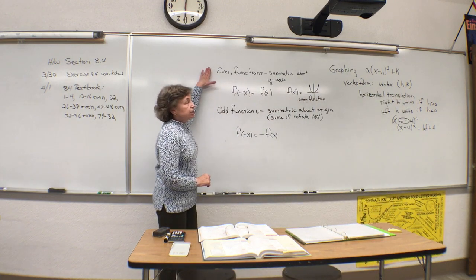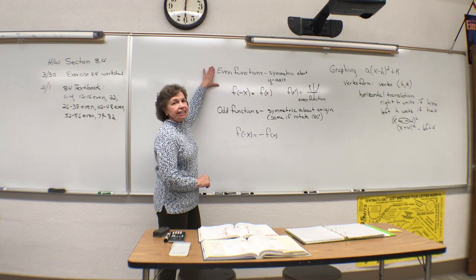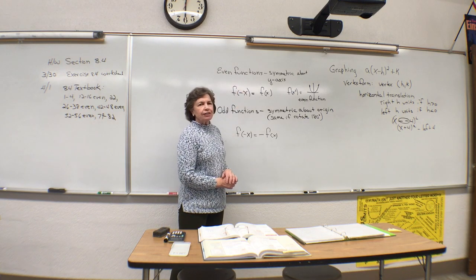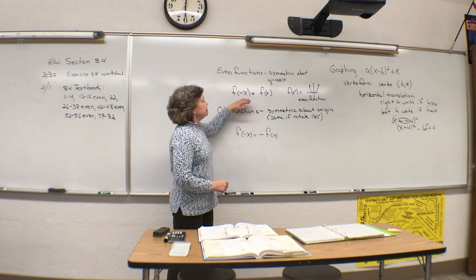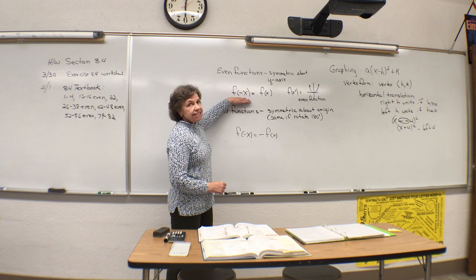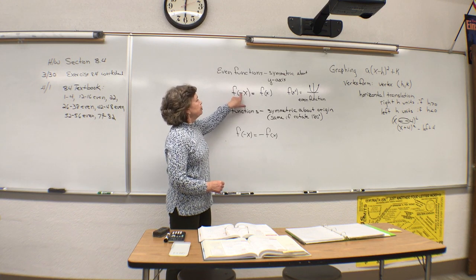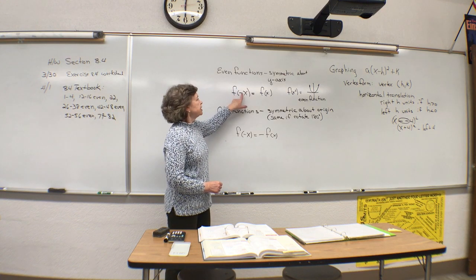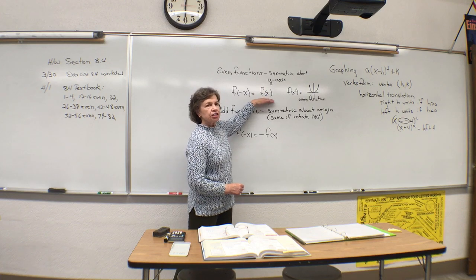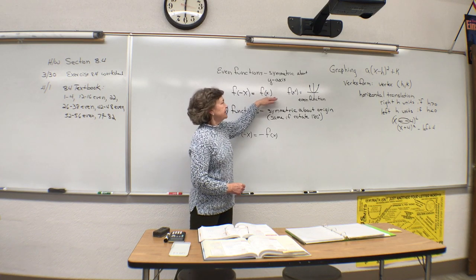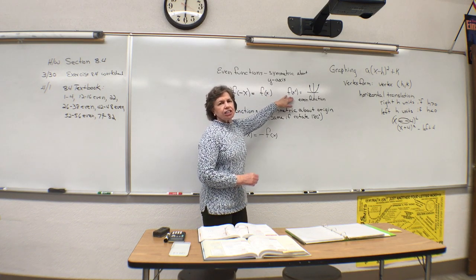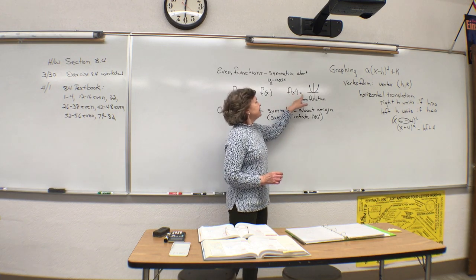Talking about functions, they can be even if they are symmetric about the y-axis. A test is if you replace x in the original function with negative x and you get back the function that you started with, it's even. Think of quadratic functions, that basic parabola, that's an even function.